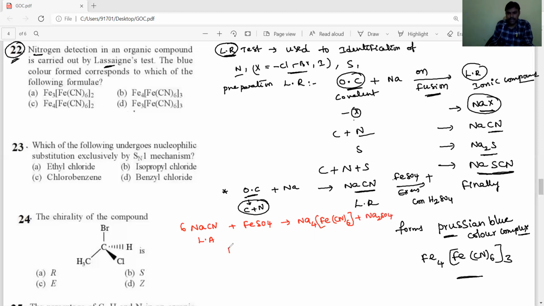Again, this ferrous sulfate reacts with concentrated H2SO4 and forms ferric sulfate, Fe2(SO4)3.